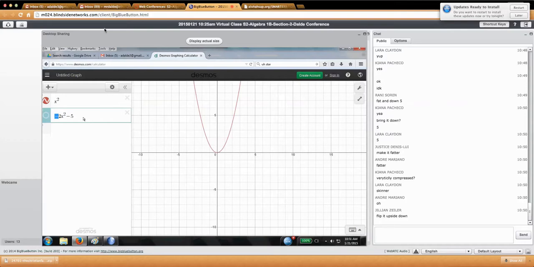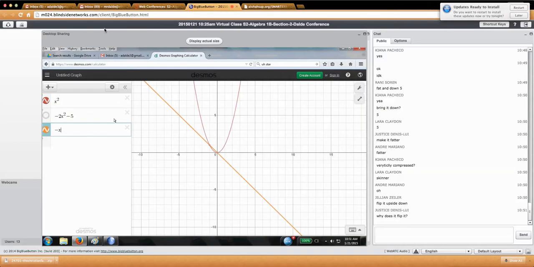Okay? Now let's talk about this. What would the 2 do? I'll tell you what, Justin, why don't we take a look at that? Remember if I graph negative x squared? If I compare that to my parent function, which I call the parent function, it just means the regular function, the orange graph is really just the red graph, just flipped upside down.